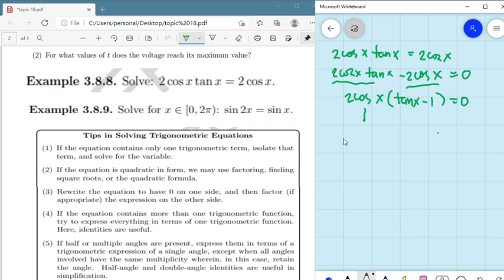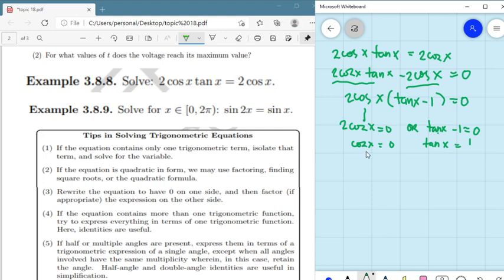So using the zero factor law, we can say that 2 cosine x equals 0, or tangent x minus 1 equals 0. So cosine x here is equal to 0, and in here tangent x equals positive 1.